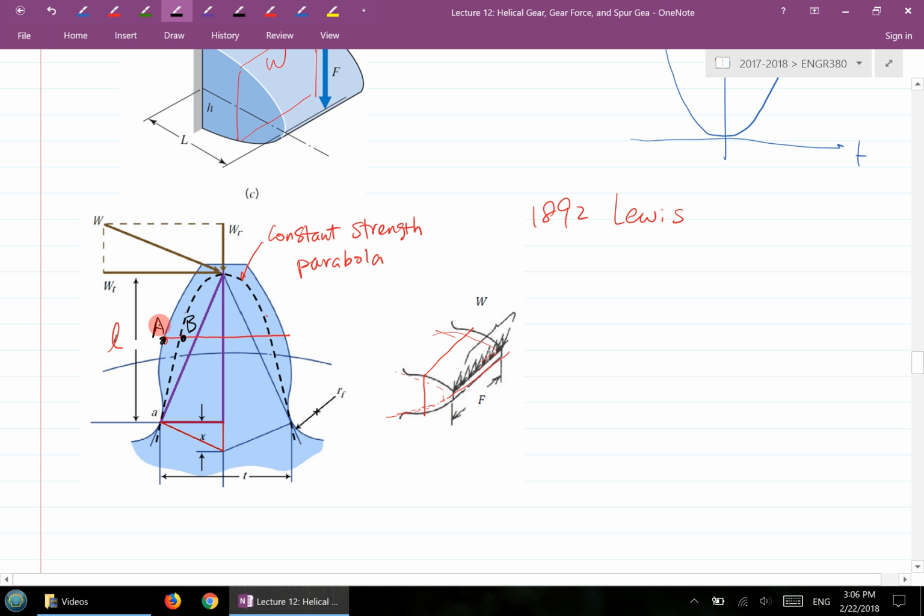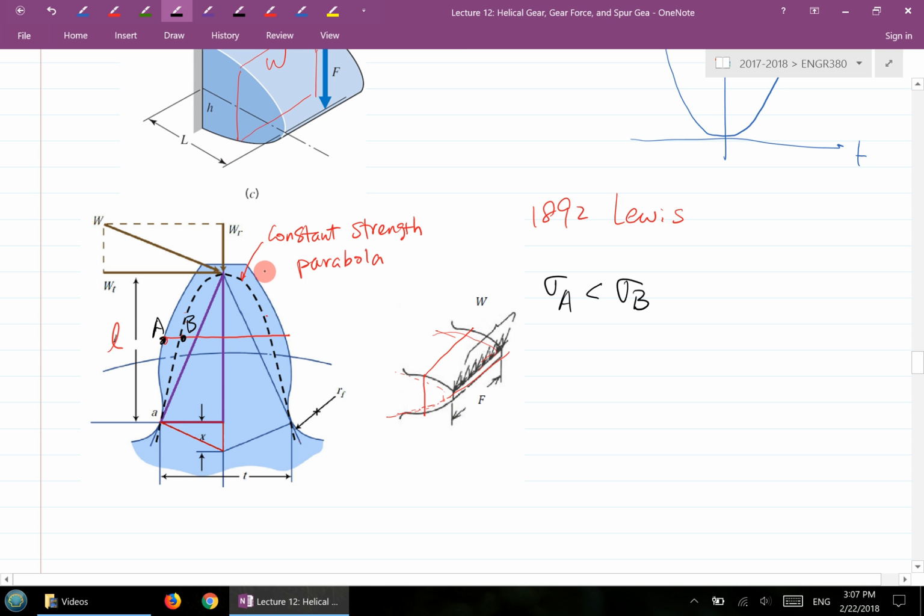We can easily show that the sigma A value is less than the sigma B value. Sigma A is the value on the gear tooth involute surface, and B is on that constant strength parabola locus.